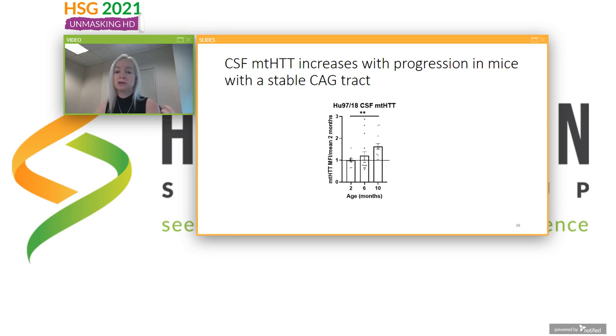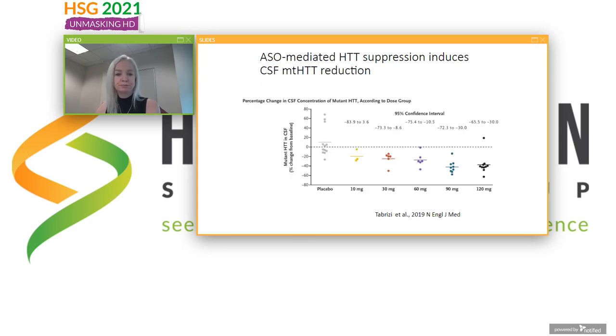It's stable, they don't have intergenerational instability, and they don't have somatic expansion. But we do see more mutant huntingtin in their CSF with disease. So this suggests that the increase in signal with disease is at least in part due to an increase in actual concentration of protein, and not just a change in signal strength dependent on somatic expansion. And so this would suggest that the increase is related to neurodegeneration.